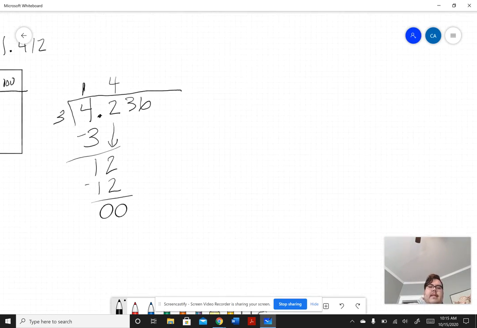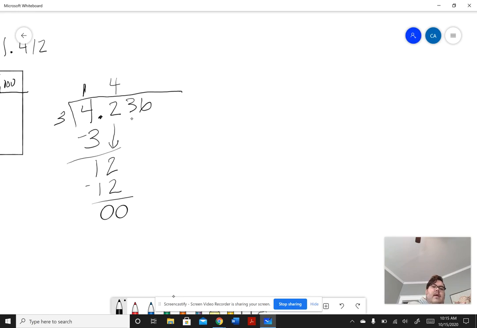Then I'm going to pull down my 3. How many groups of 3 can I pull out of 3? Only one group of 3, which is 3. I subtract 3 and I get 0. Pull down my 6. How many groups of 3 can I pull out of 6?